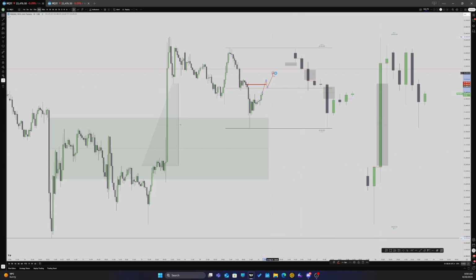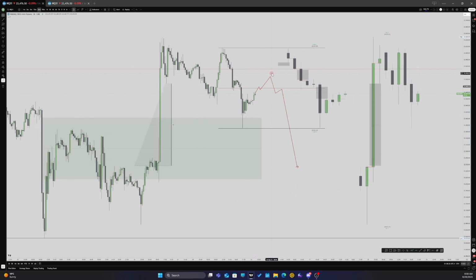So that could be a possibility. Price comes into this imbalance, and creates a new low here into this, right?